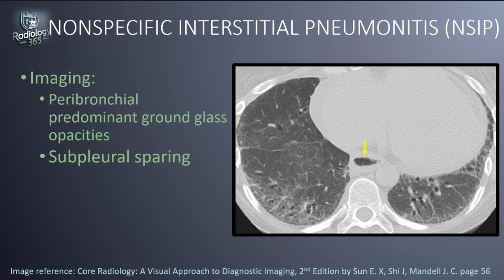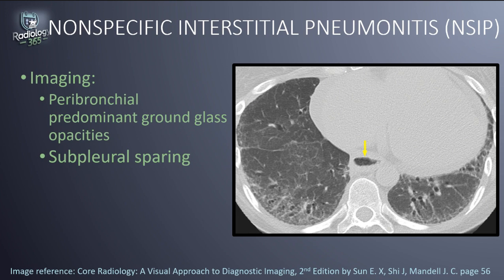Just like UIP, NSIP also tends to affect the lower lobes, so at least this is something that they have in common. You should consider other diagnoses like chronic hypersensitivity pneumonitis or sarcoidosis if you are seeing primarily upper lobe disease.